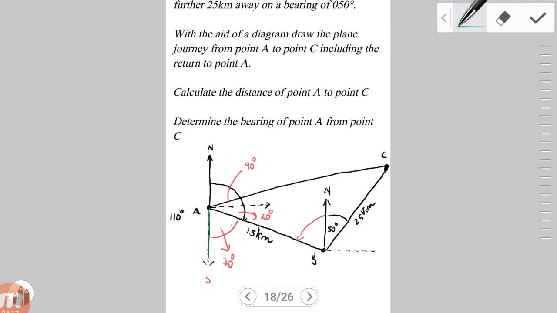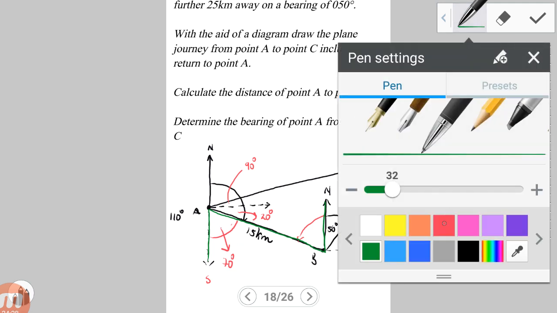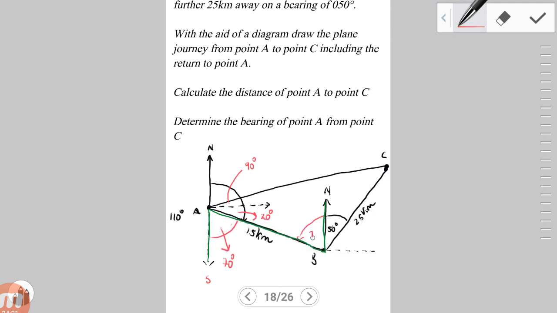So here we'd have a little Z. Okay, so this 70 degree that we had initially calculated can now be transferred here. So that gives us a total angle between these two sides of approximately 120 degrees. So let's just bear that information in mind for a moment.